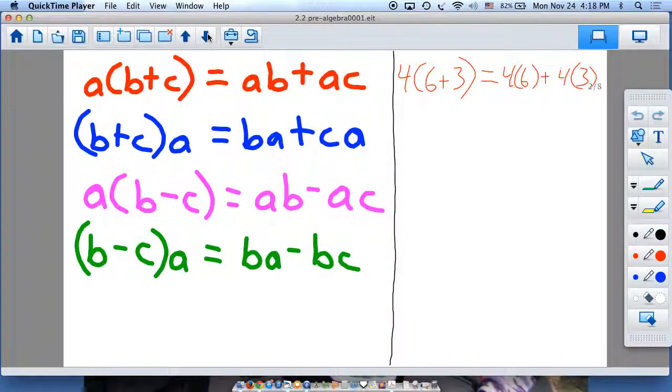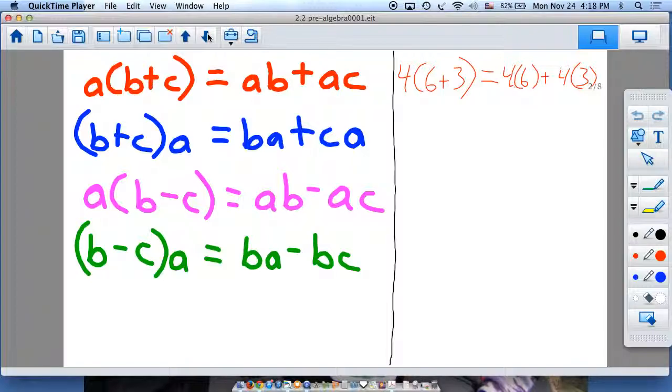Here's some examples algebraically, and then we'll talk about the one that is numerical on the right-hand side in just a minute. So for example, A times B plus C can be rewritten as A times B plus A times C. You can see that both expressions would equal one another because there's an equal sign.